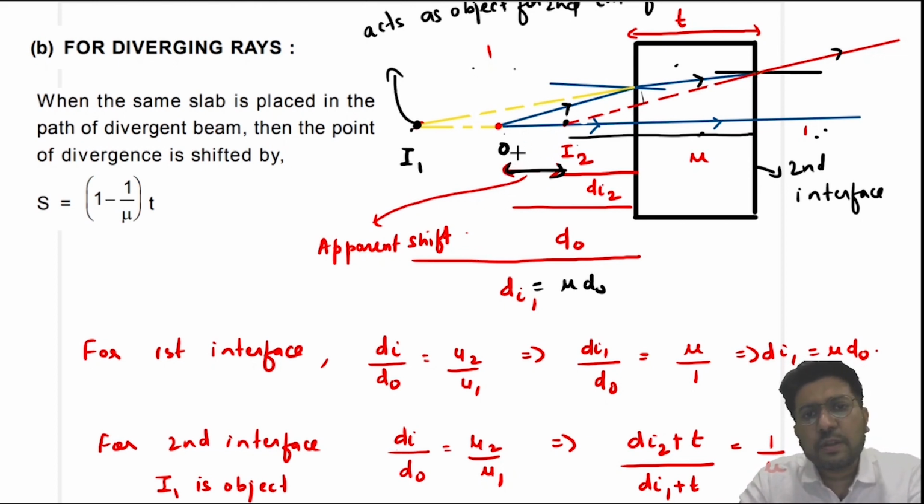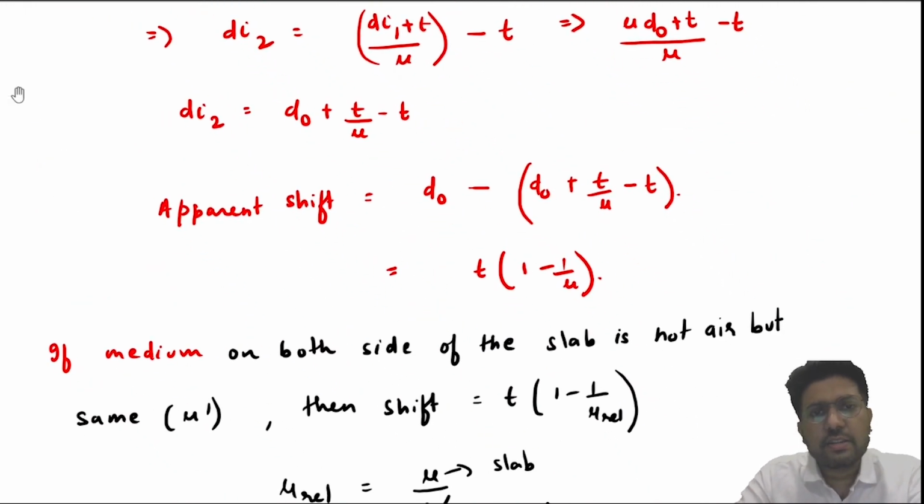The apparent shift will be do minus di2. So do minus di2 is equal to t into 1 minus 1 by mu. You get the same formula.